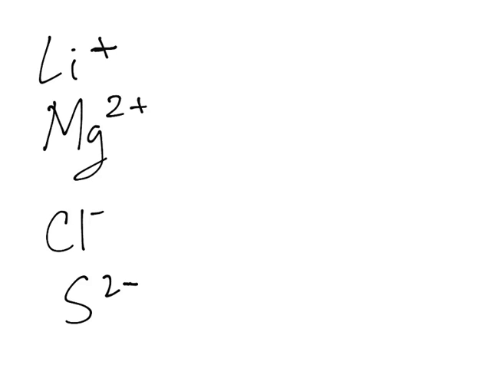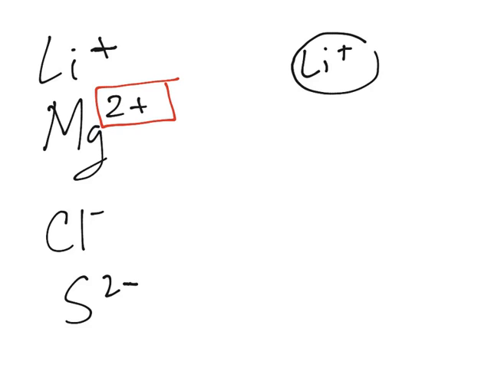So we said for cations the radius will decrease because of the stronger attractive force, and the more positive it is, the stronger that force will be, making the radius smaller. So for lithium, it only has one positive charge, so it will be smaller than it usually was.